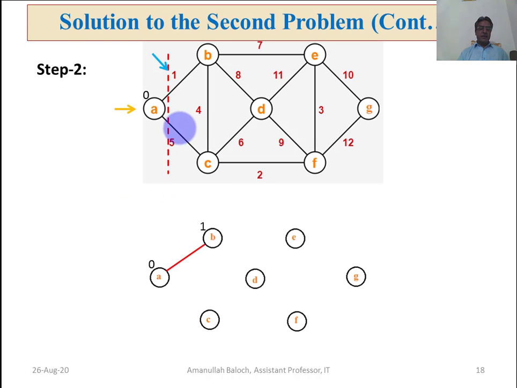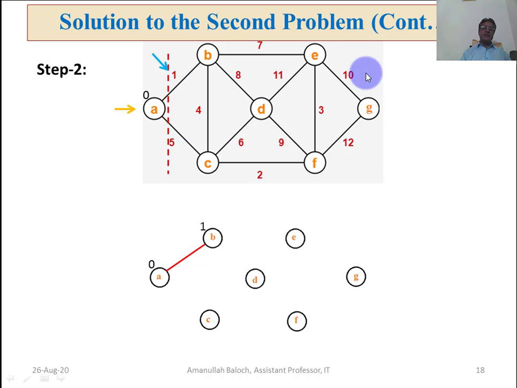Next, it will place the cutting edge here, because A and B have been processed. So at one side of the edge there will be processed, and at the other side there will be unprocessed nodes whose key value is infinity. The key value of these is infinity. So we will place the cutting edge here. As you may see, this is the cutting edge.